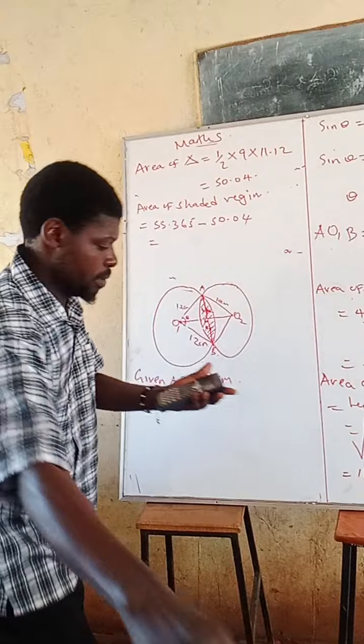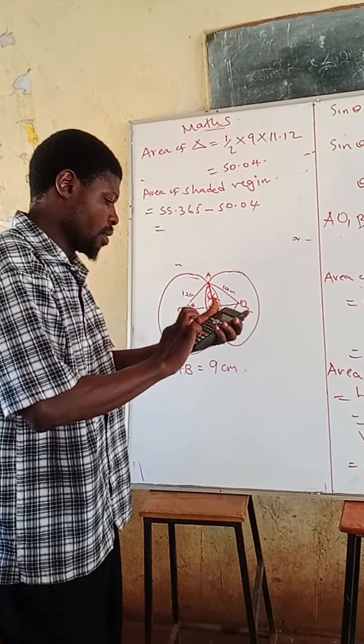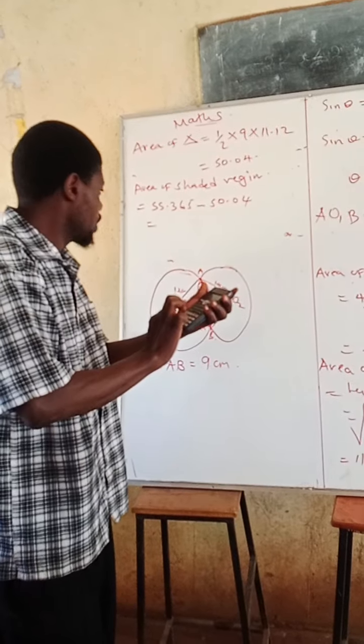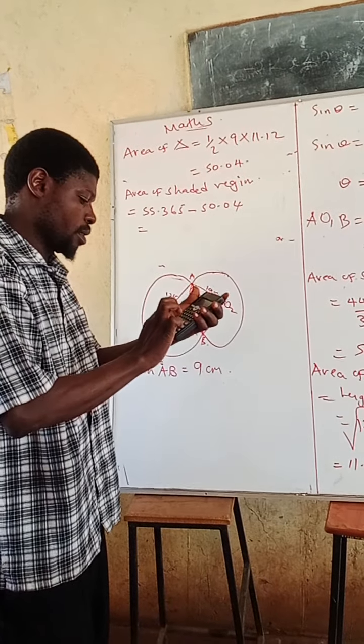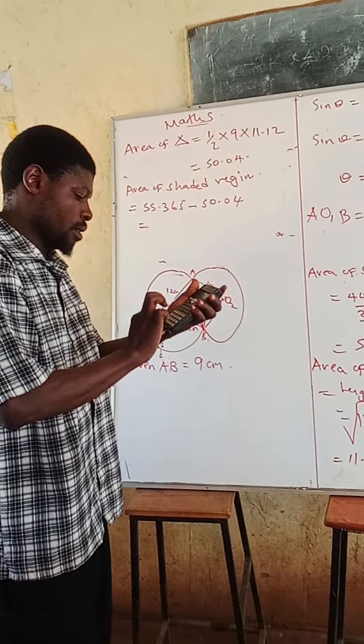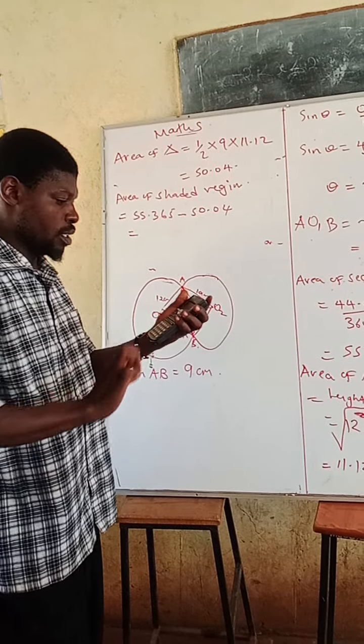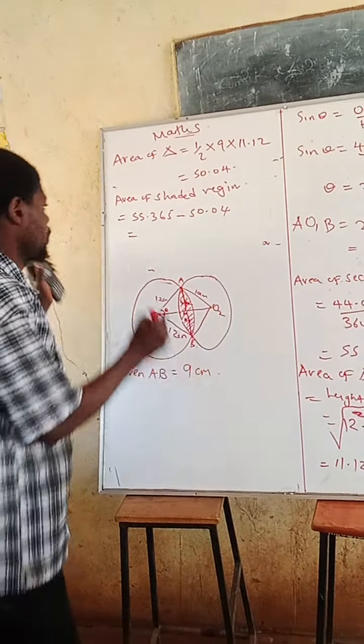According to my calculator, 55.365 minus 50.04 becomes 5.325.